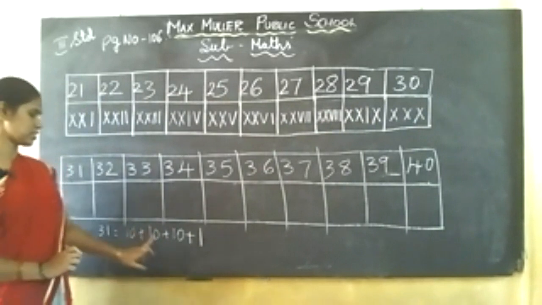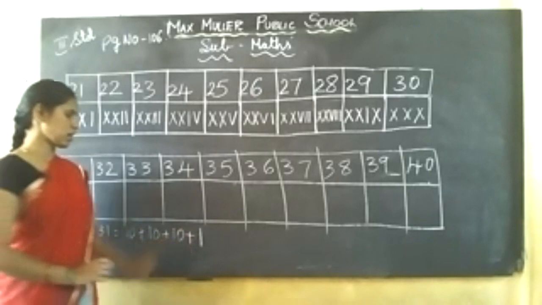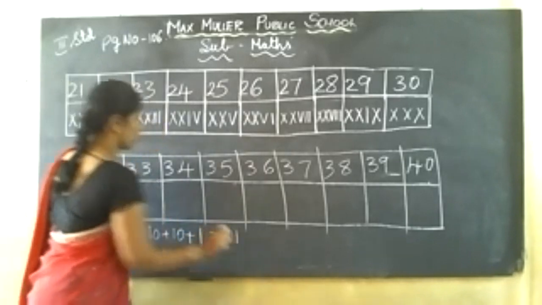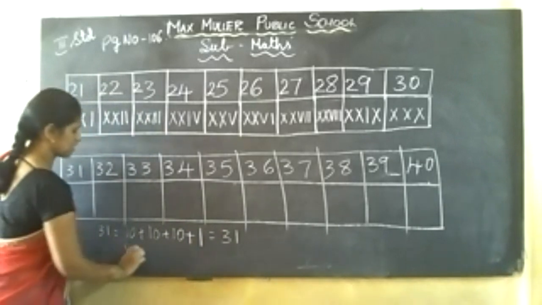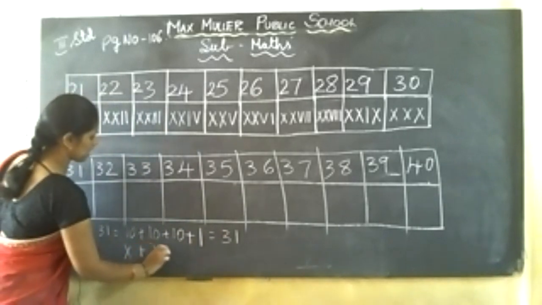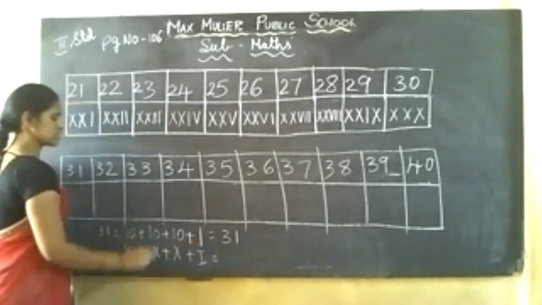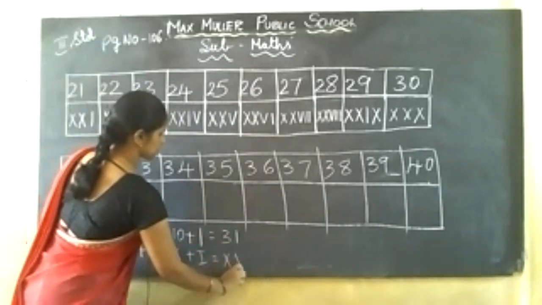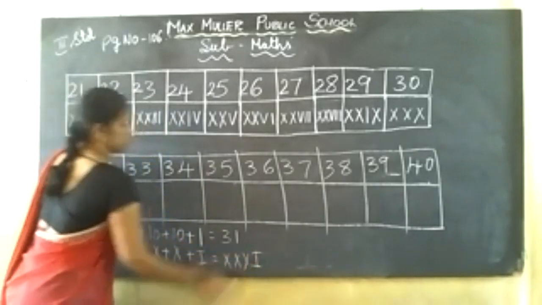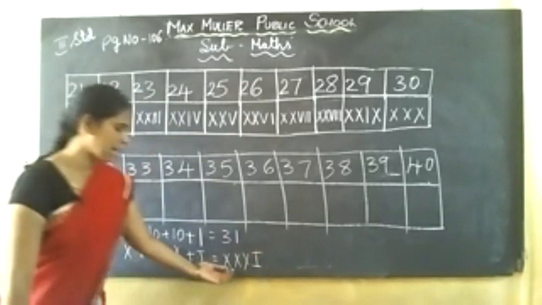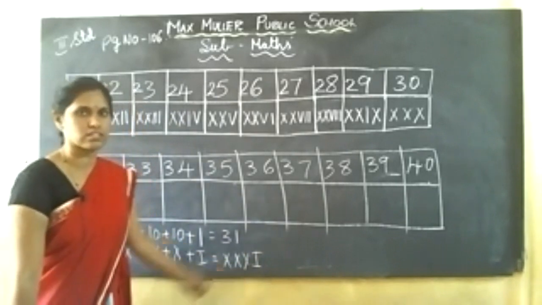So 30 plus 1 is 31. 10 plus 10, 20. 20 plus 10, 30. 30 plus 1, 31. So the value is X plus X plus X plus I. So how will you write this one? X plus X plus X plus I. So we are using how many times X? 3 times X. Understood?